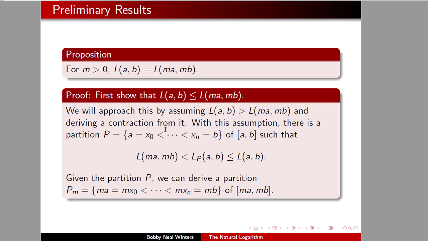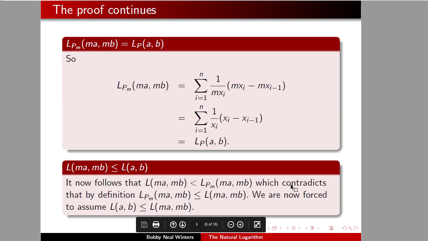Now, given that partition, I'm going to define a new partition of a different interval. I'm going to just take every point in P and multiply it by m. That gives us a partition of [ma, mb]. This L sub P_m of (ma, mb) is going to be equal to L_P(a, b).